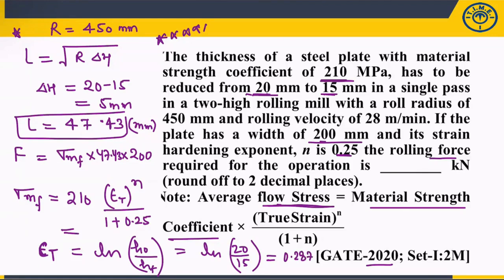So once you know the true strain, can you please tell me what is the mean flow stress? What will be the mean flow stress value? You just put this true strain value here. The n value is already 0.25. Anyone got the answer?